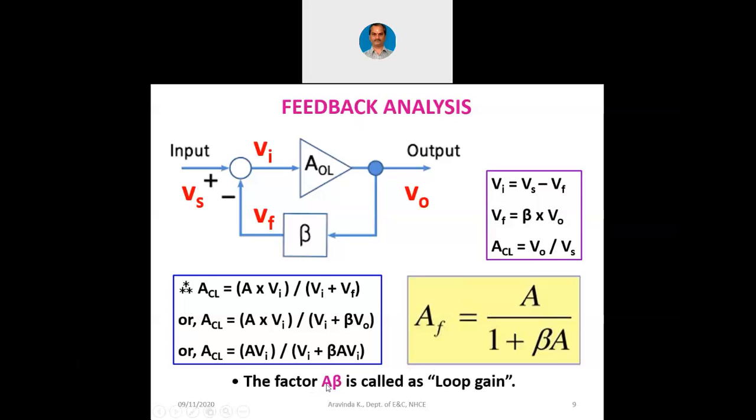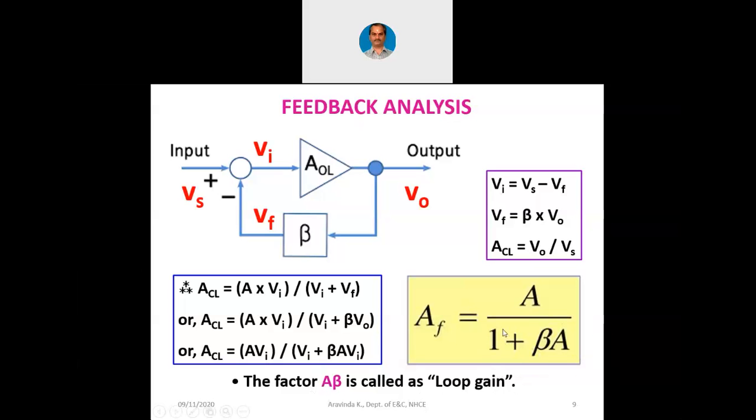This particular factor A into beta, if it is much larger, then the feedback gain will be just 1 over beta. Therefore, this factor A beta is called the loop gain. But if A beta is not much larger, then we cannot ignore the unity also.